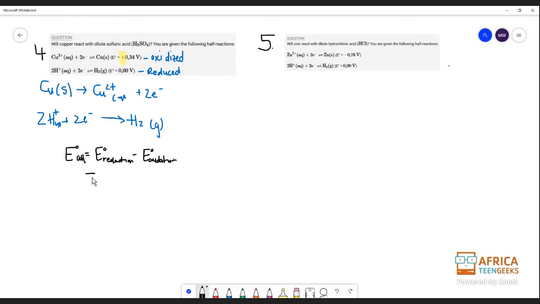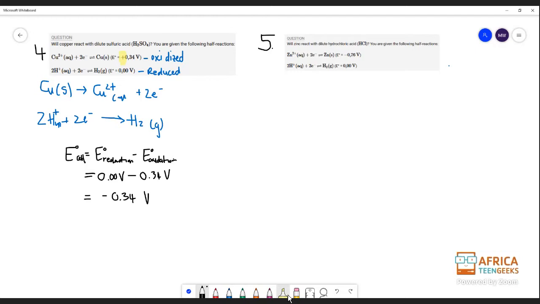And then you just plug your values in. So my reduction is 0.00 volts minus 0.34 volts. You get a value of negative 0.34 volts.